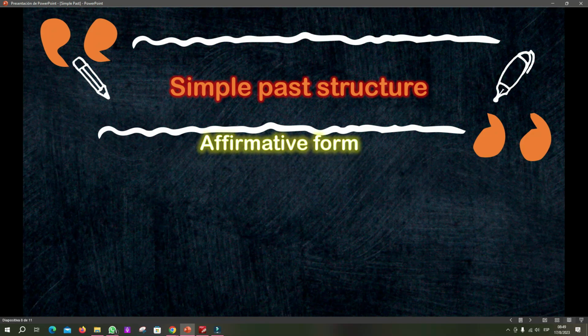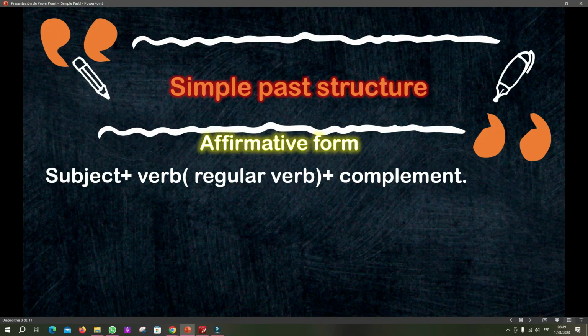Also, here you have the affirmative form. How would you write an affirmative sentence in simple past? First, you're going to have the subject plus the verb, regular verb in this case, plus the complement, okay?